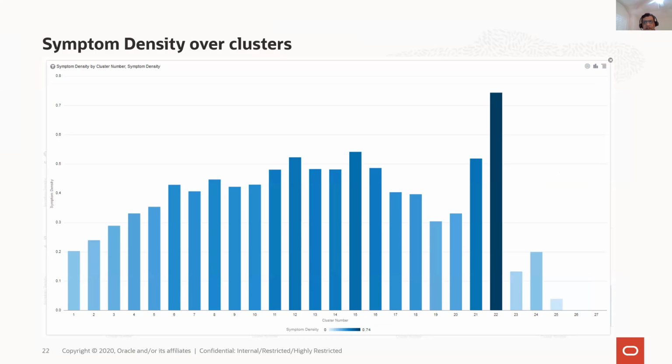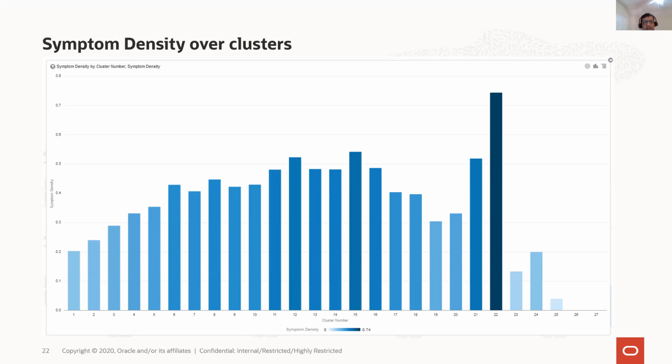This is a plot of clusters on the X axis. Each cluster is basically a group of reports that a participant had submitted until there was a gap of 5 days, as I mentioned earlier. We computed what's called a symptom density per cluster, which is basically, out of the number of reports that they had, the average number of symptoms reported.